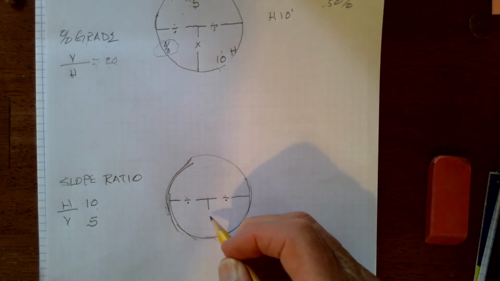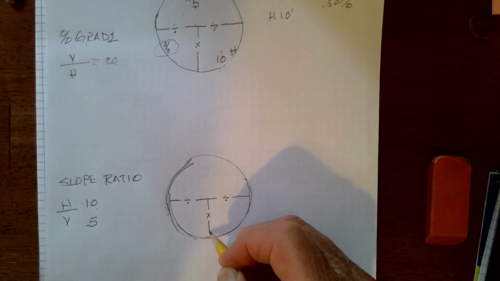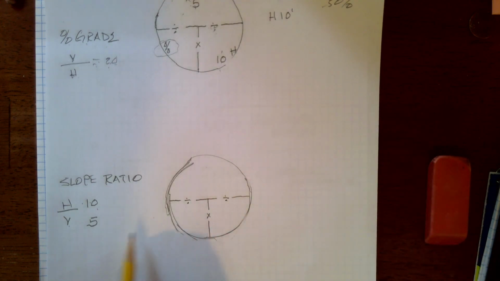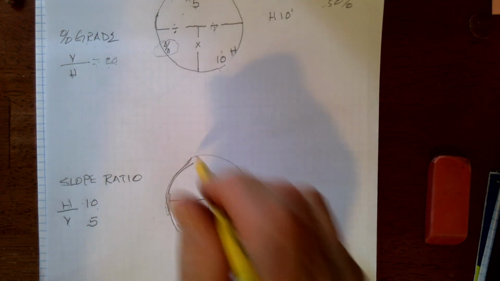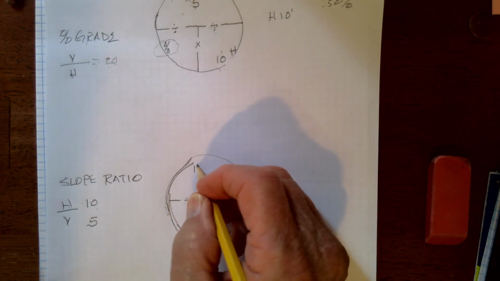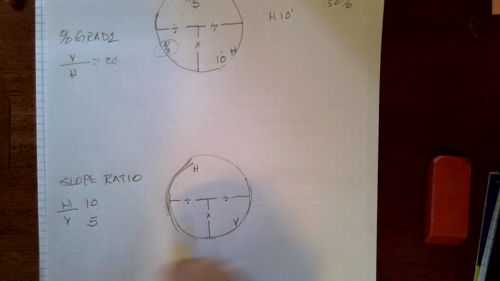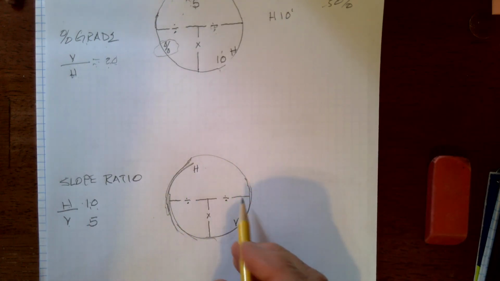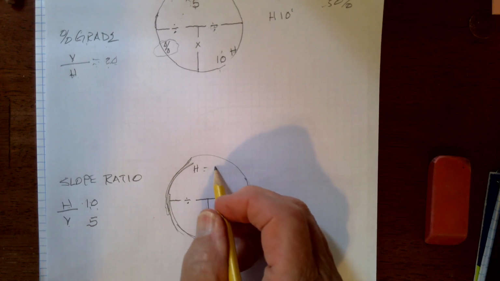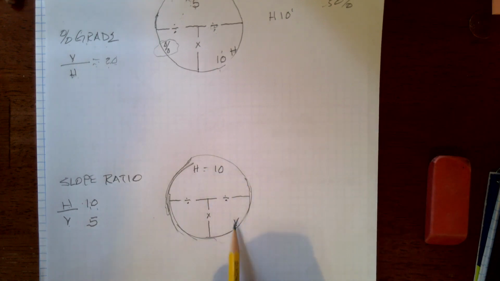This comes down, put a multiplication function in there, and then we take our values, horizontal divided by vertical. So the horizontal has to go up here and the vertical down here. The horizontal in this case equals 10 and the vertical in this case equals 5.